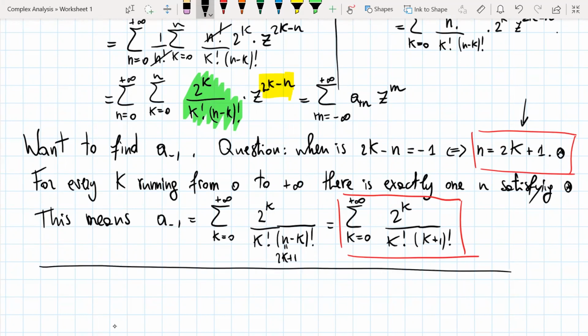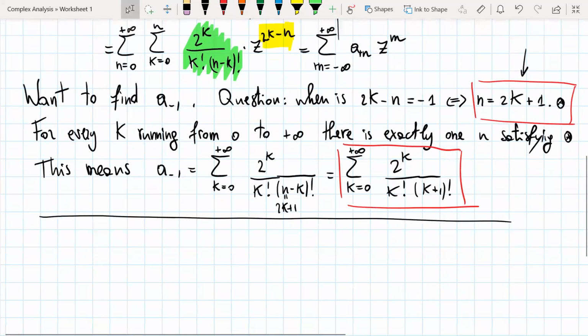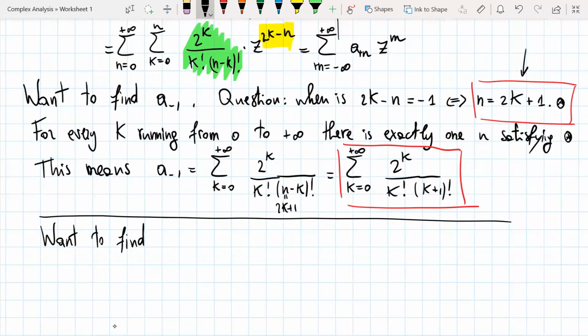We just have to impose a new condition. So we want to find a minus 2.